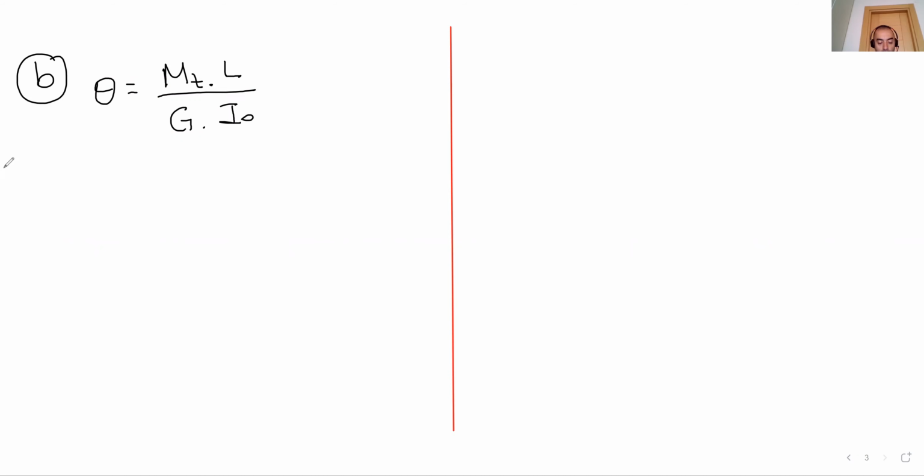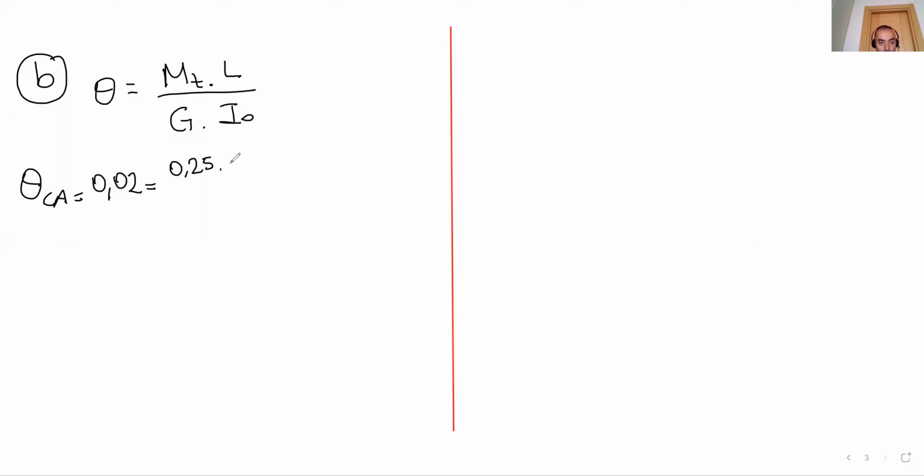Theta CA is given as 0.02 radians. It equals, we know the torsional moment, which is constant.